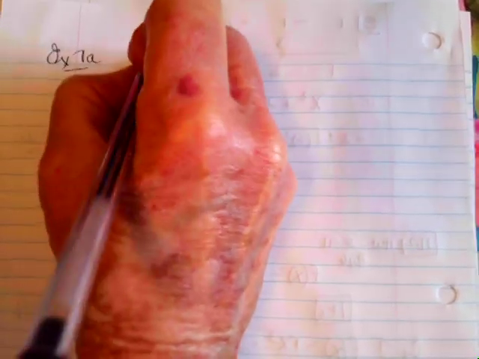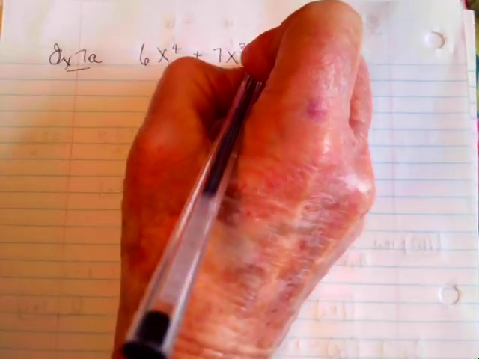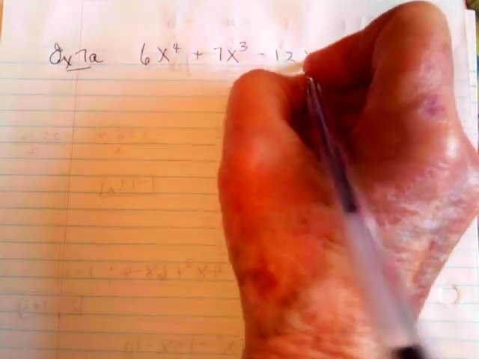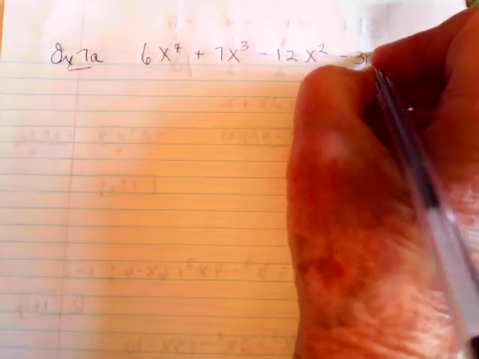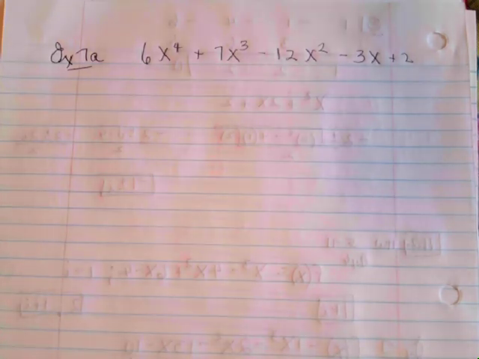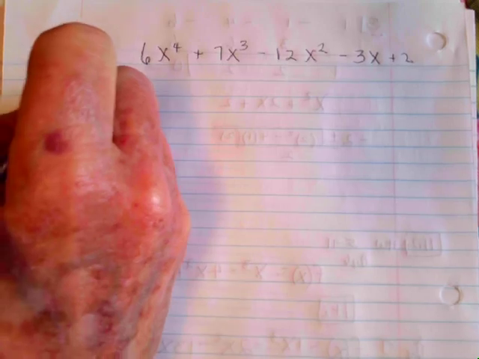Example 7a is 6x to the 4th plus 7x cubed minus 12x squared minus 3x plus 2. List all possible rational factors.